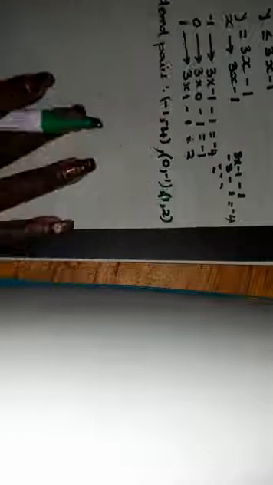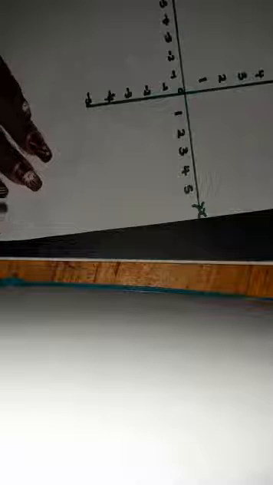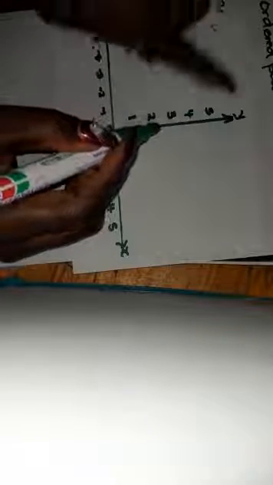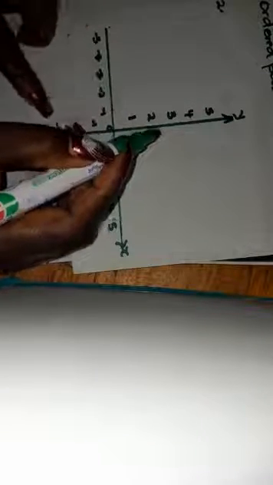Then we go and plot them. It means we're going to have -1, -4, which is here. Then 0, -1, which lies here. The last one is 1, 2. Here it is.